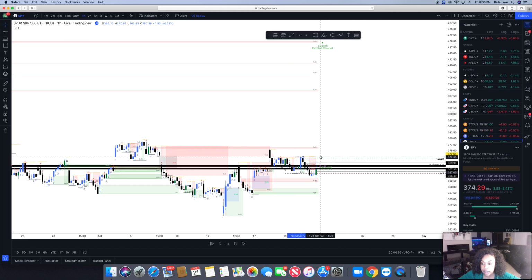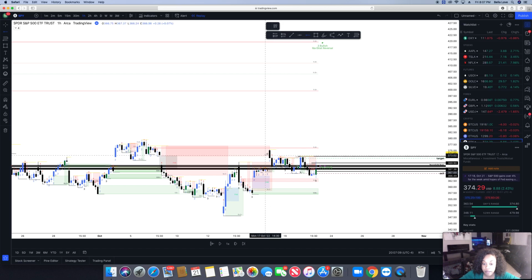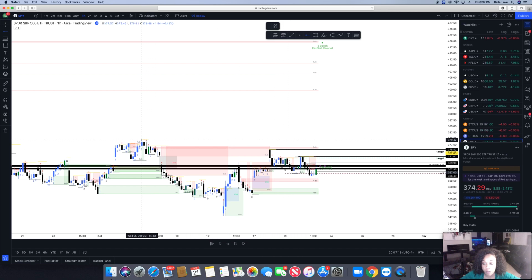My first target was set at 372.71, I think. It was set at the top of there, so 372.65. I had another target set for 375, and I had another target that was set for 379. So basically where I had my targets at, all those areas is buy side liquidity laying around those areas.